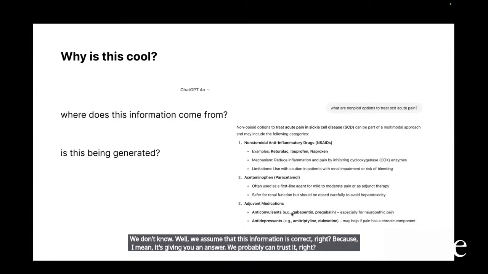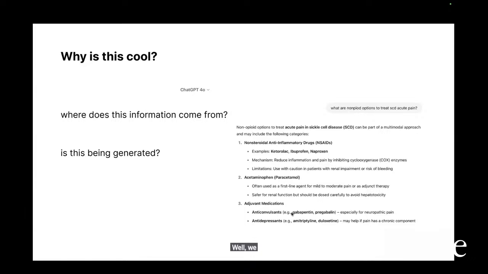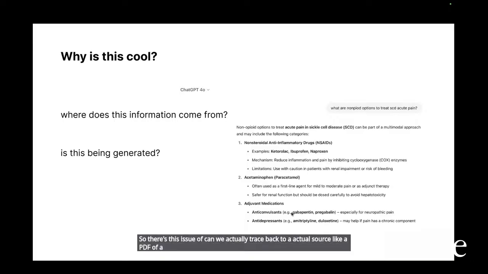Well, we are talking about giving care to a real patient, to a real person that is in pain. So there's this issue of, can we actually trace back to an actual source, like a PDF of a published article, a PDF of the American Association for Hematology or whatever?